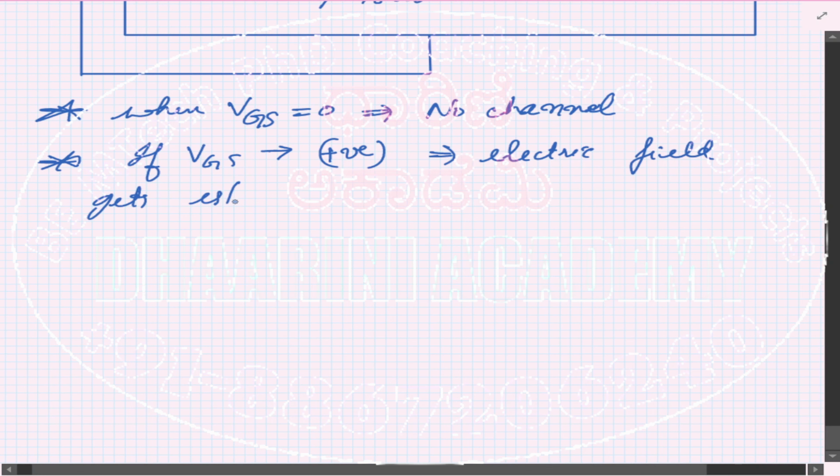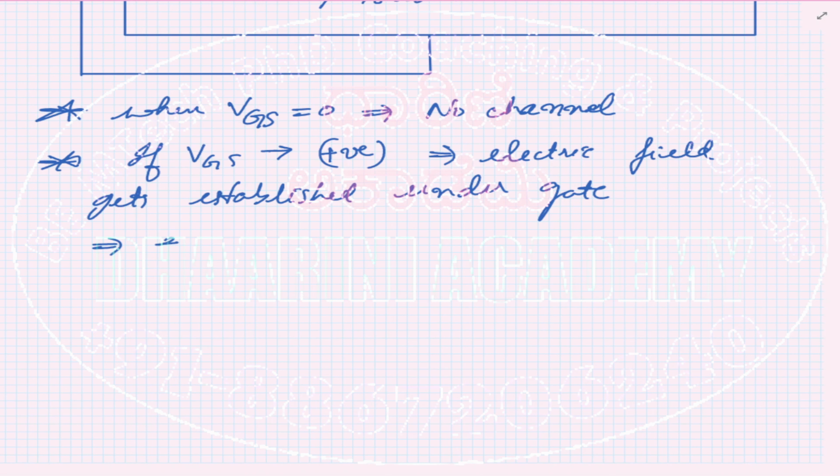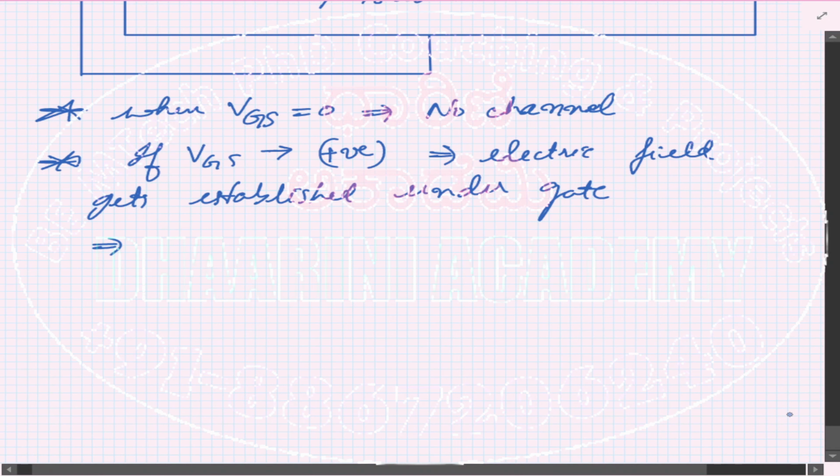An electric field gets established under the gate region, right, which results in what? There is a charge accumulating. So that means, see, there is a technical term. I'm directly bringing that now.